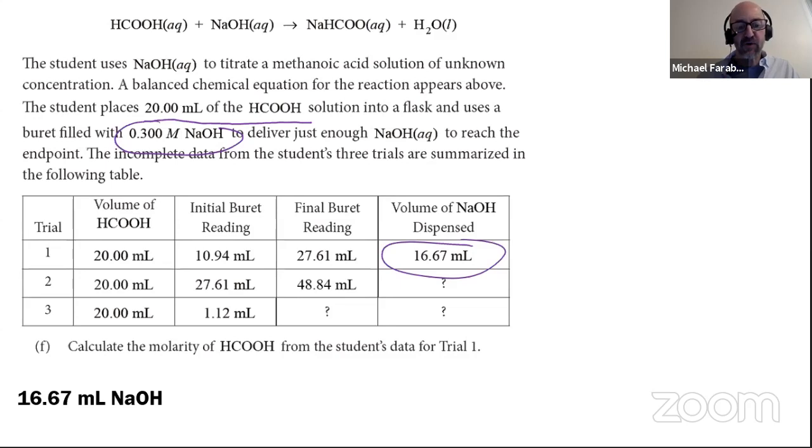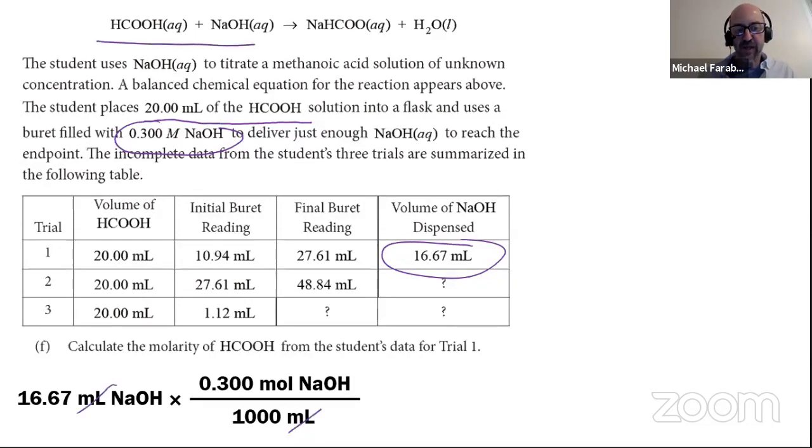Now 0.300 capital M means 0.300 moles of sodium hydroxide per 1 liter. I have written this conversion factor as 1,000 milliliters so I can get my milliliters to cancel out. As you can see in the stoichiometry, there is a 1-to-1 mole ratio between the acid and the base.